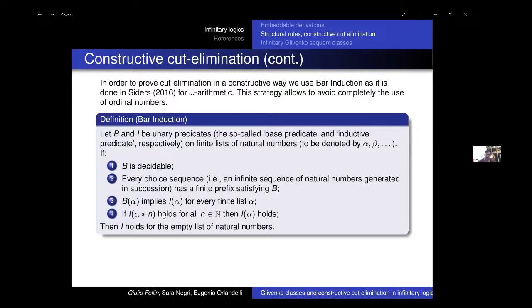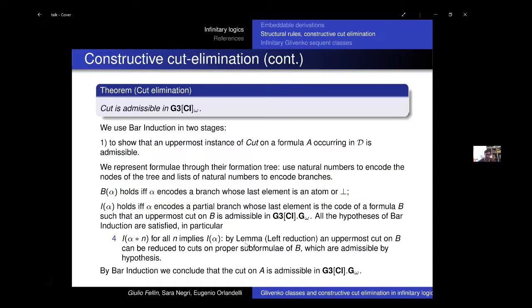If all this holds, then I also holds for the empty list of natural numbers. Okay, so we use this to prove cut elimination, which is that cut is admissible in this calculus. We use bar induction in two stages. First stage: to show that an uppermost instance of cut on a formula A occurring in D is admissible.